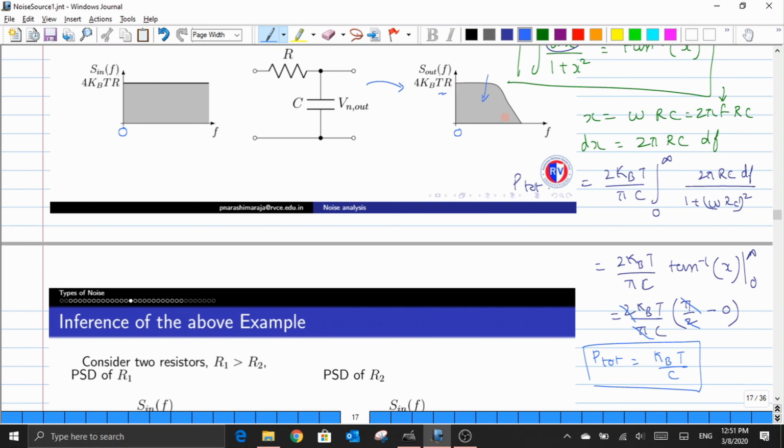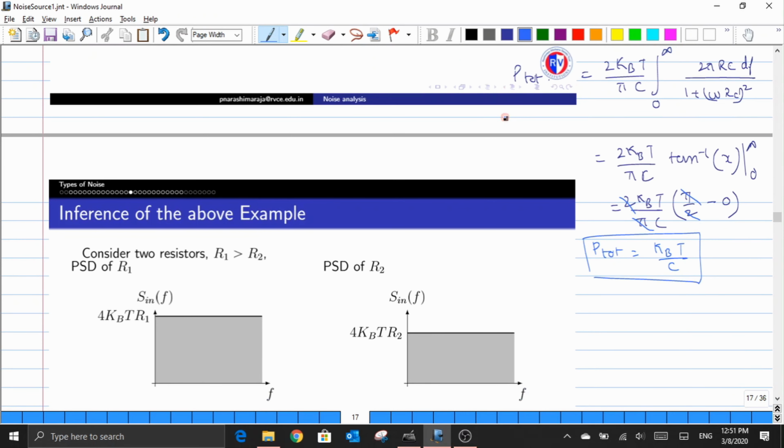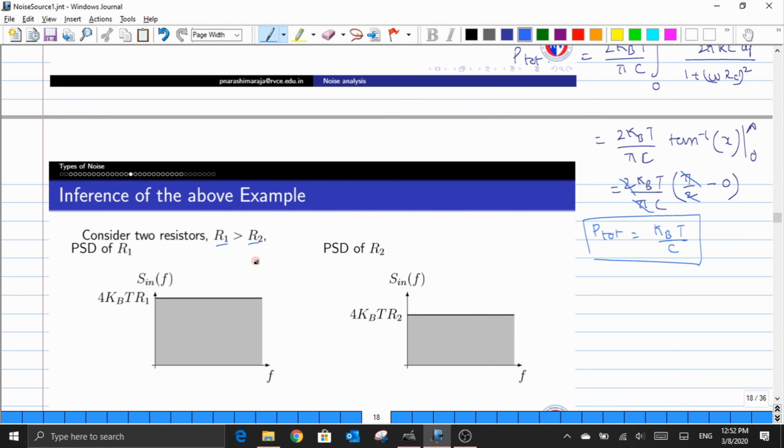Let us consider two resistors R1 and R2 such that the value of R1 is larger than the value of R2, and the corresponding power spectral density of each of these resistors is shown here. Since the value of R1 is high, its power spectral density magnitude will be higher compared to the power spectral density of resistor R2.